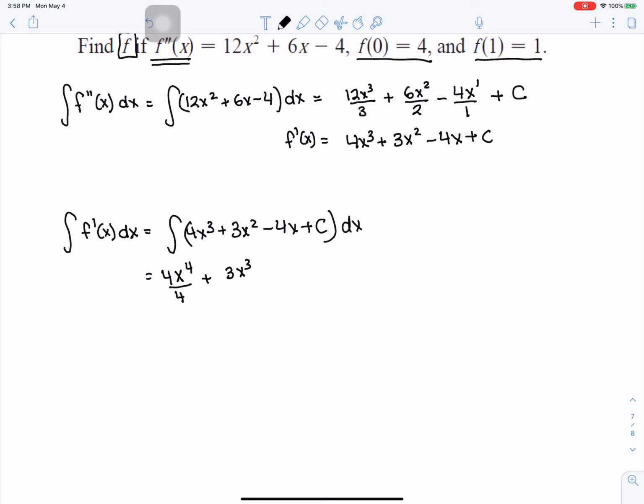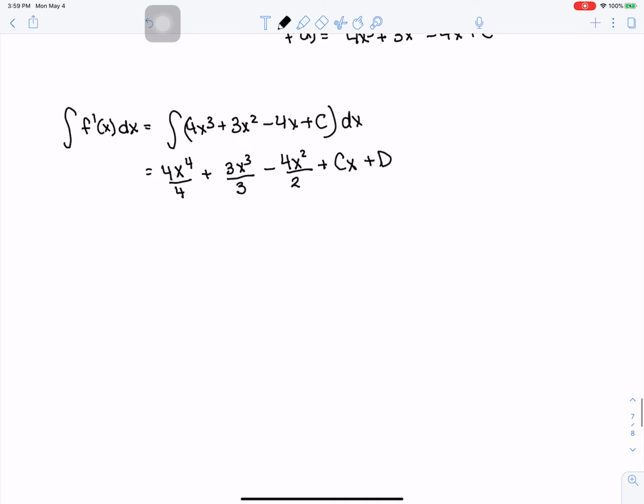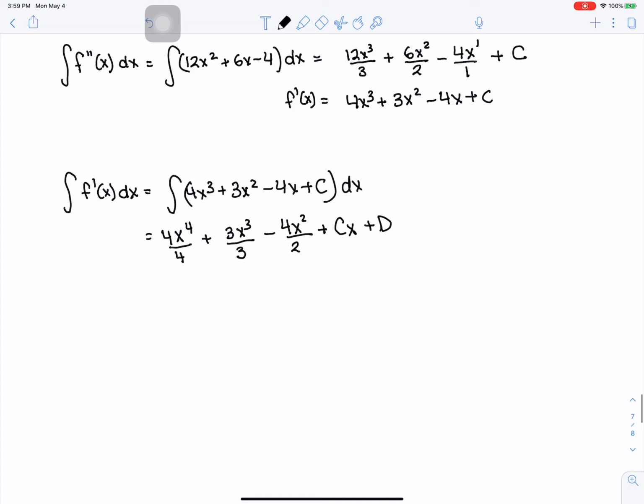Add 1 to the exponent, divide by the same number. The 3 gets carried along for the ride. Add 1 to the exponent, divide by that number. The 4 gets carried on for the ride. What's the antiderivative of c? Well, that would be cx, because the derivative of cx would be c, plus another arbitrary constant, which is d. And the antiderivative of f prime of x is f of x.